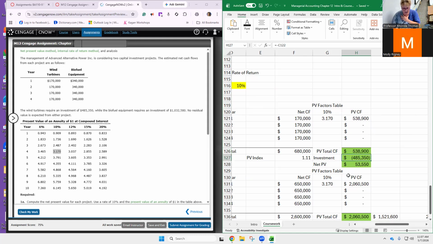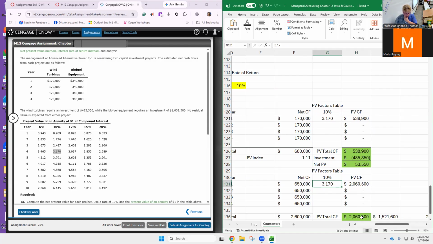Then we need to subtract the investment. I want to make sure my investment is 485,350. My other investment, and it is the same present value factor for both of these, but the cash flows are different. So you would want to make sure that gets keyed in.